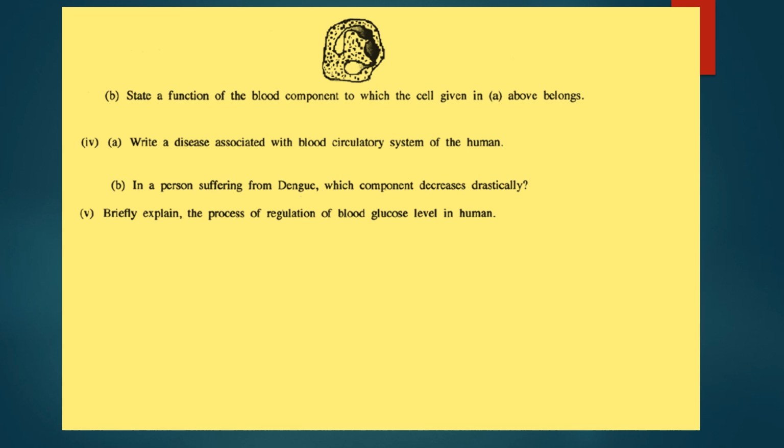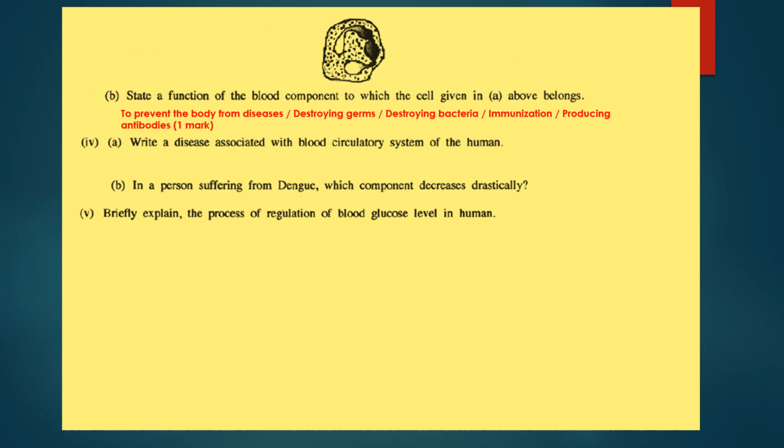Part B. State the function of the blood component to which the cell given in A above belongs. To prevent the body from diseases. Or you can write destroying germs, destroying bacteria, immunization, producing antibodies. You can earn 1 mark for your answer.